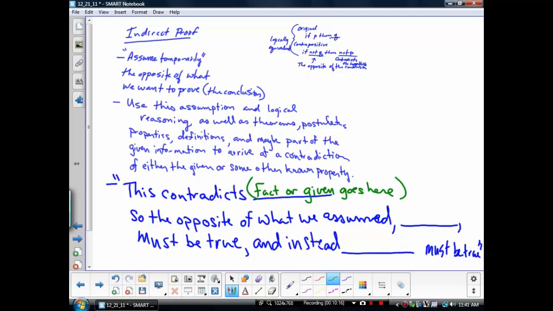So the opposite of what we assumed, and what will go in this blank spot is this part right here, what you want to prove or the conclusion of your statement, right? So the opposite of what we assumed, and here you put what you assumed.